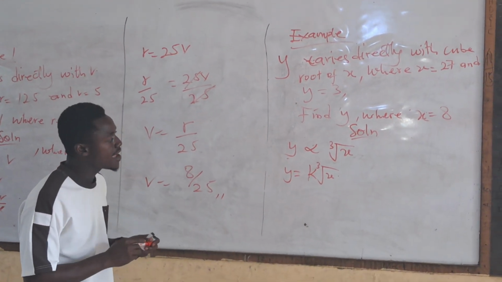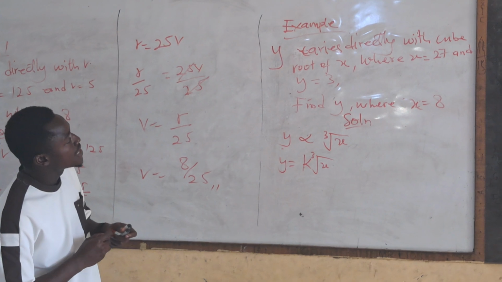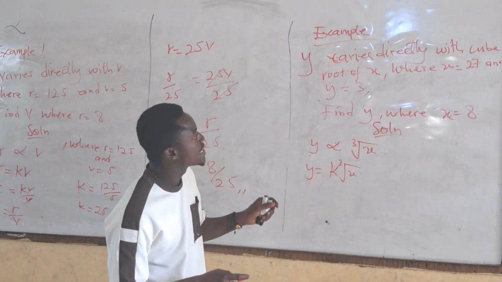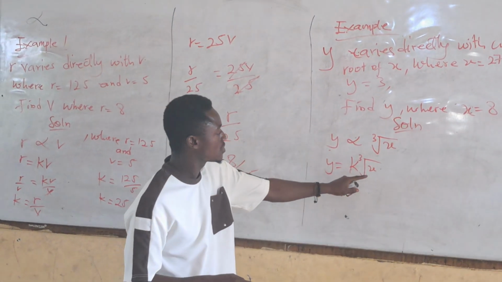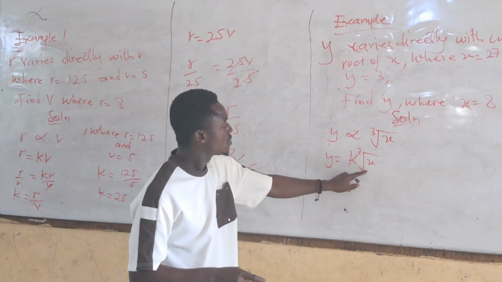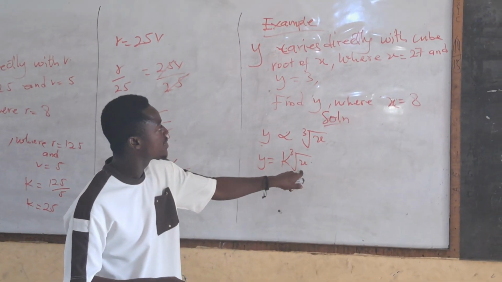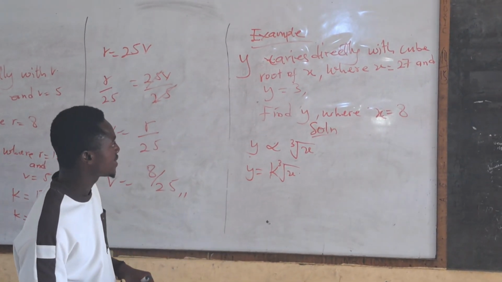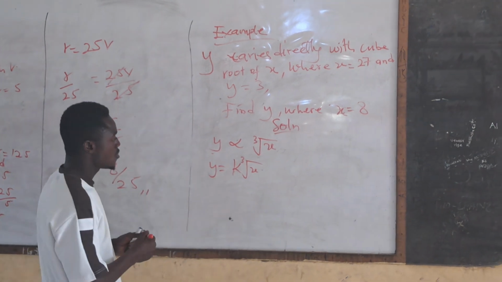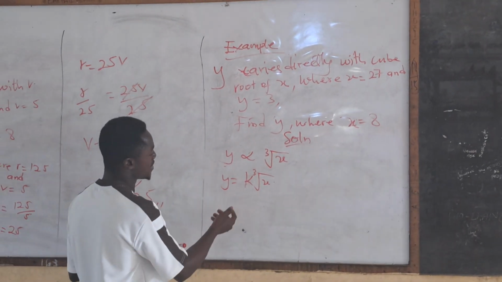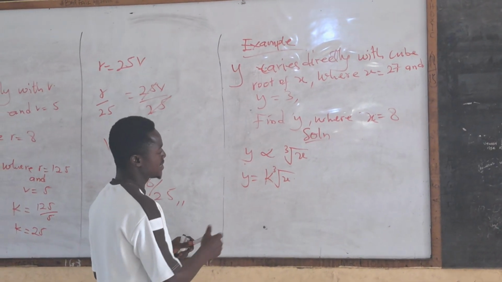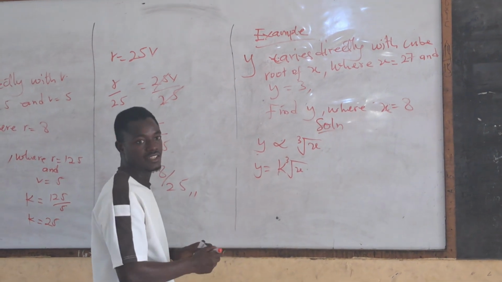Now from here, we can solve. They say where x is equal to 27 and y is equal to 3. So if you want to make k the subject, how are we going to find k?